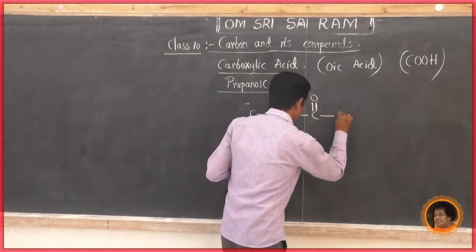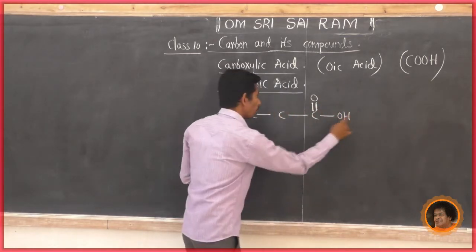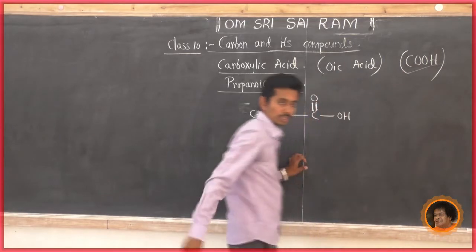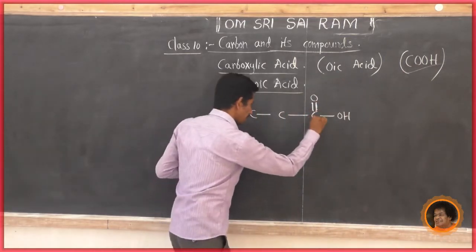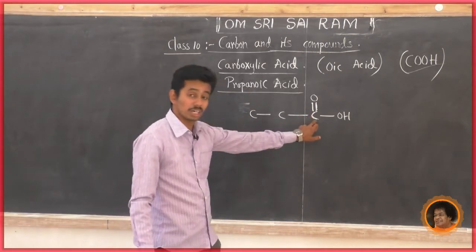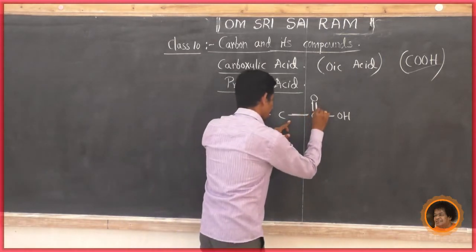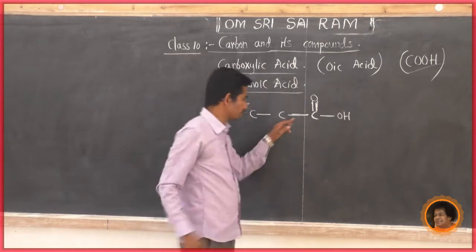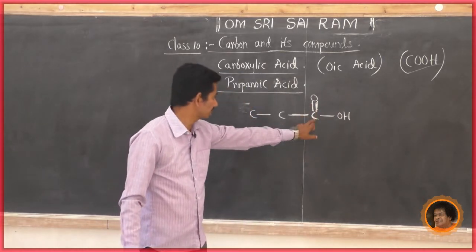Then OH. Now COOH is over, that is, the functional group is over. After that, count how many covalent bonds this last carbon has: 1, 2, 3 and 4. So 4 bonds are over for this carbon.